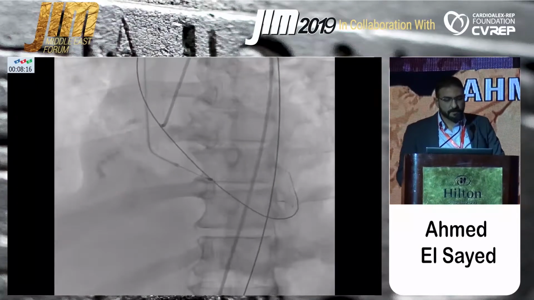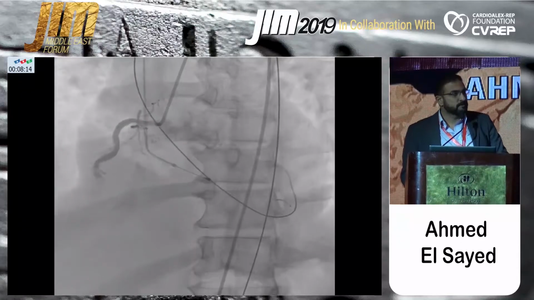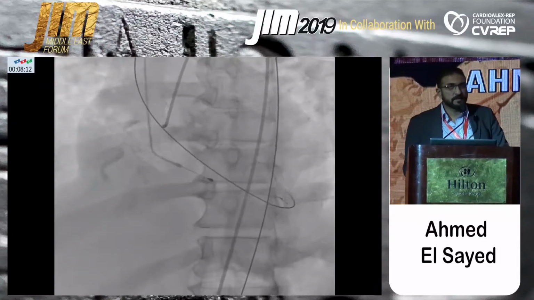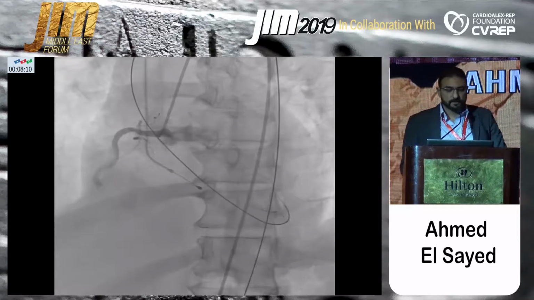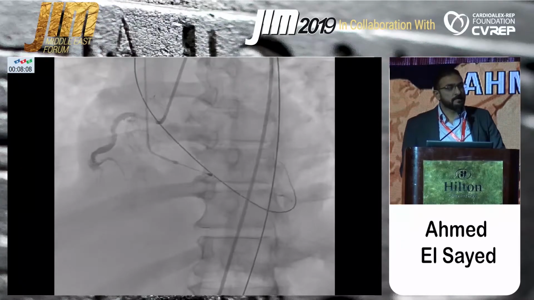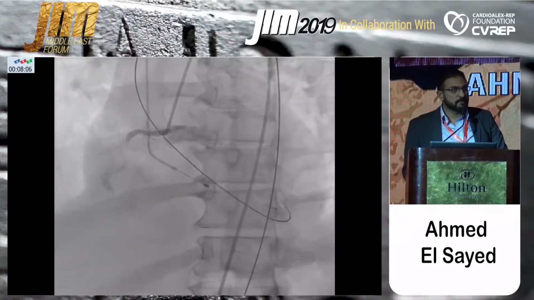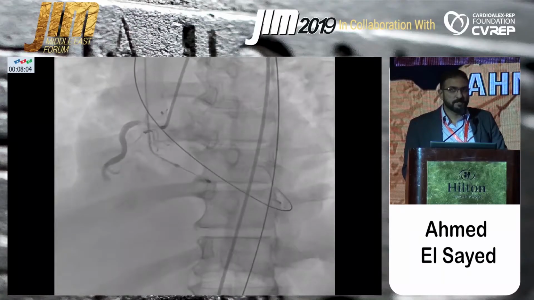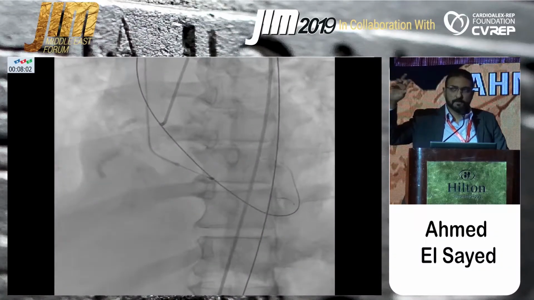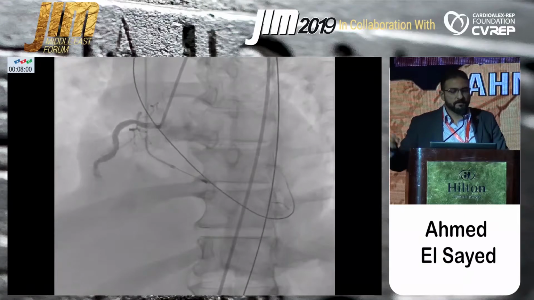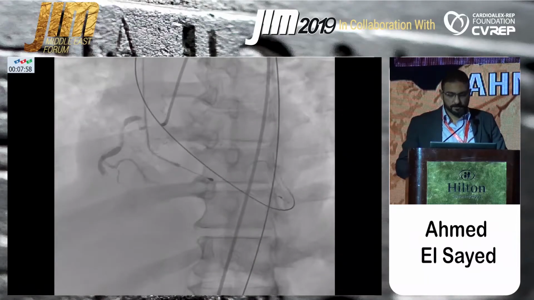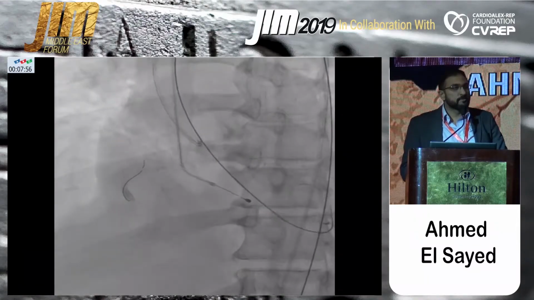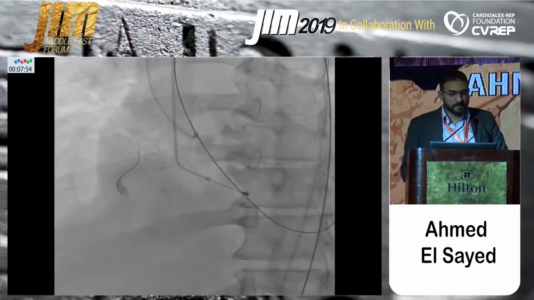So we decided to go for a selective coronary angiography, with the guiding catheter in the right coronary ostium. There had been an acute right coronary artery occlusion. Probably some calcium or debris from the aortic valve had embolized into the right coronary artery. So we decided to go for a PCI to the RCA.